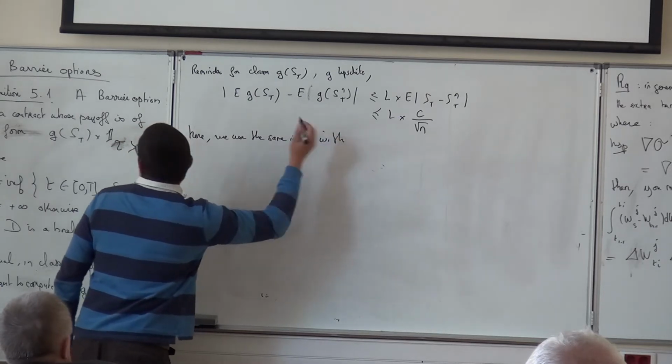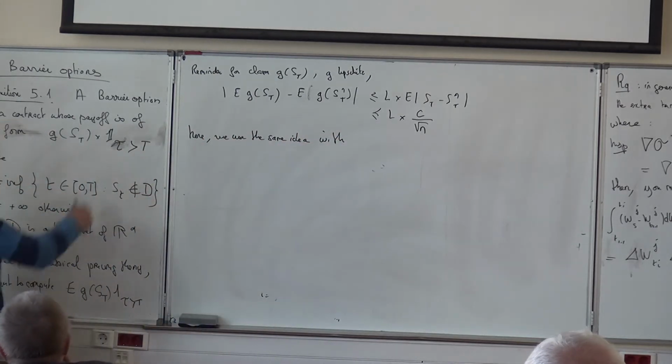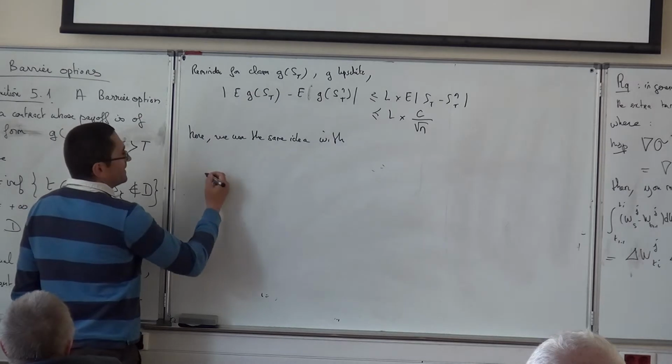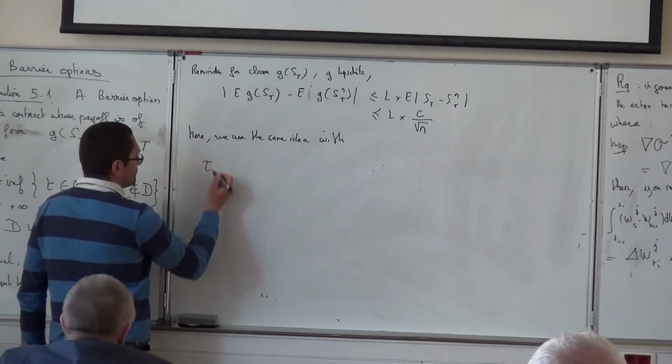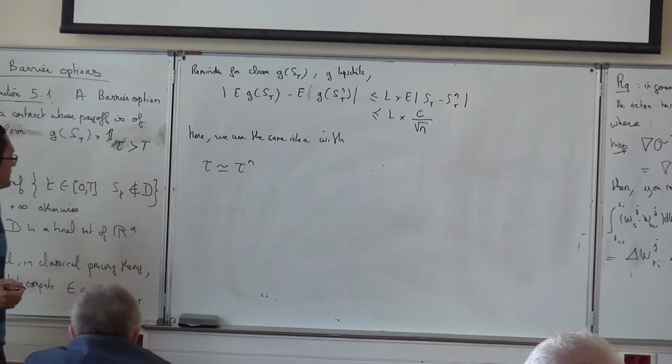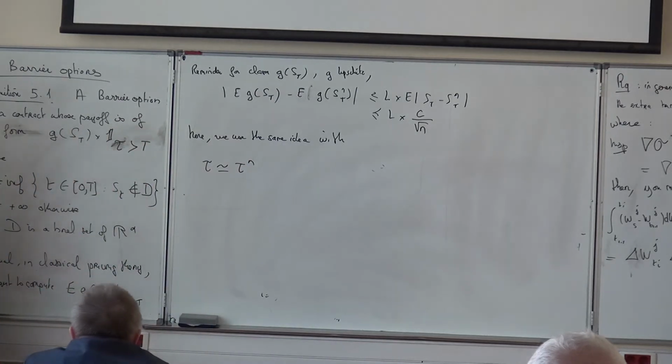What is the difference? The difference is that now we need to approximate this. And so, naturally, we approximate tau by tau n, and tau n is the corresponding exit time for the discretized process.